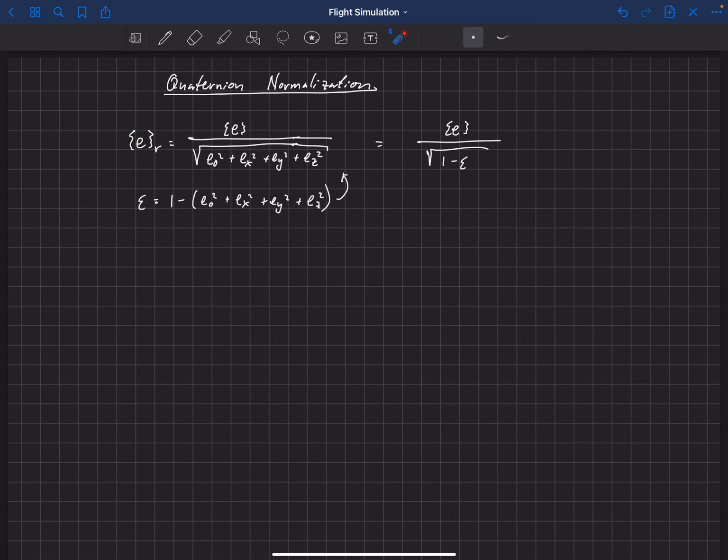So it turns out that this method requires several things. In order to do this, we have to square several terms, then take the square root, and perform a division. All of that can be computationally expensive if we're going to run this every single time step.